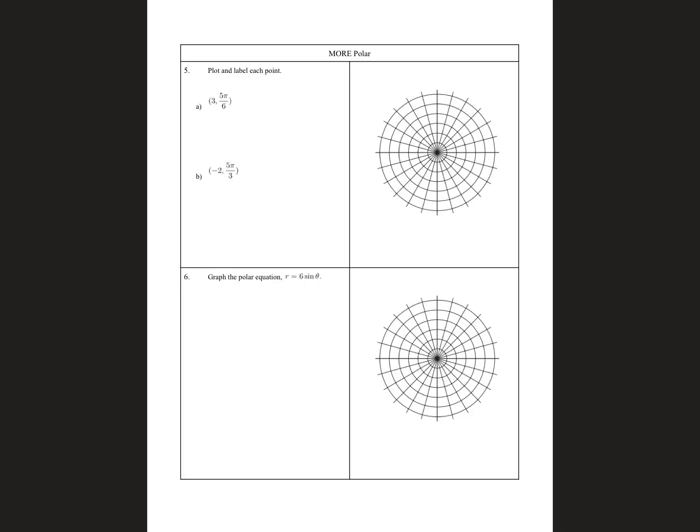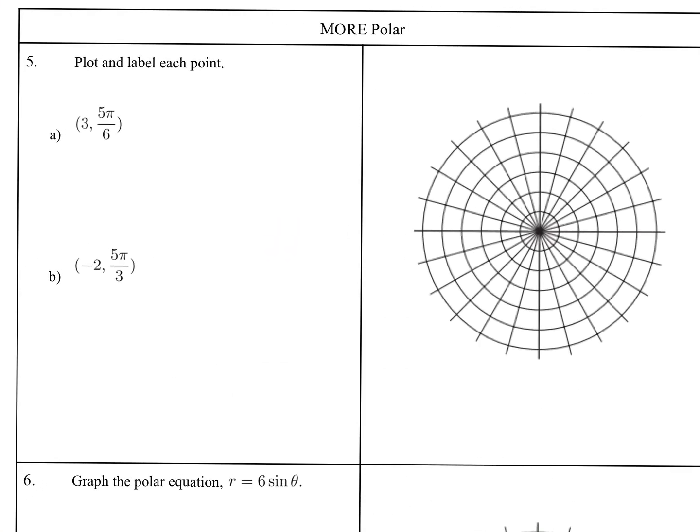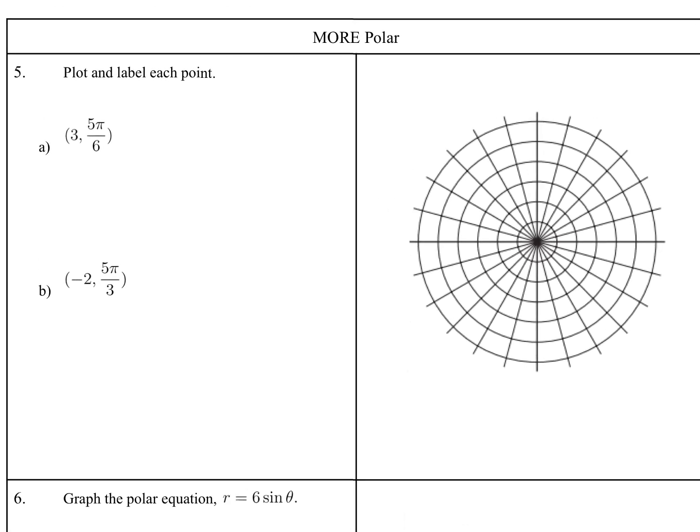Plot and label each point. Okay. 3, 1, 2, 3, 5 pi over 6. Use this. 1, 2, 3. So that's pi over 6. So I got to go like over here, but right here. So that's my first point. That's point A. And then I'm going to do 5 pi over 3 first.